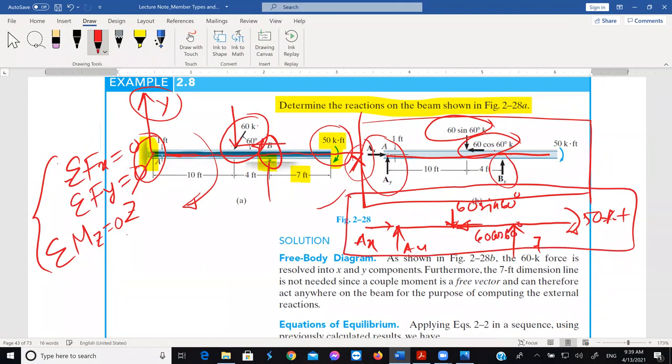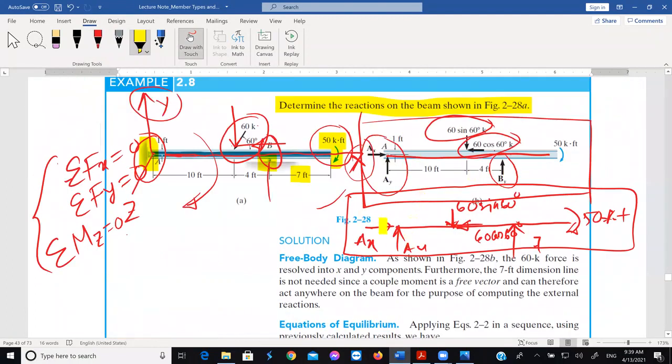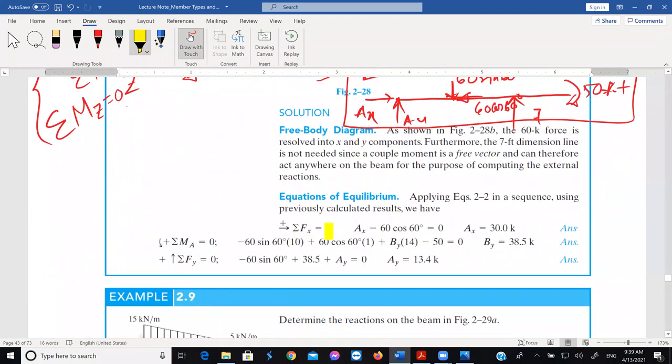Now we can apply these three equations of equilibrium to determine the reactions of the external forces. So we have made the free body, then we have the idealized structure, and now we can use the equations of equilibrium.